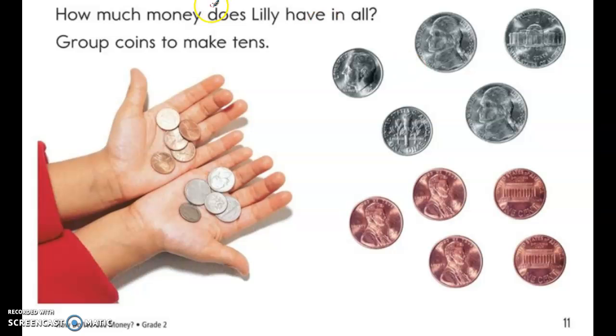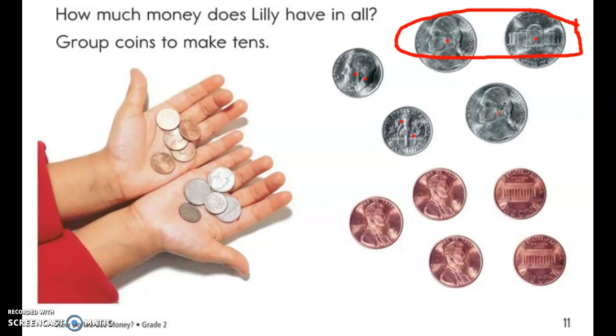How much money does Lily have in all? Group coins to make tens. Well, friends, I know each nickel is worth a 5, so I can definitely make a group here. Here's another 10 in itself. Here's another 10.